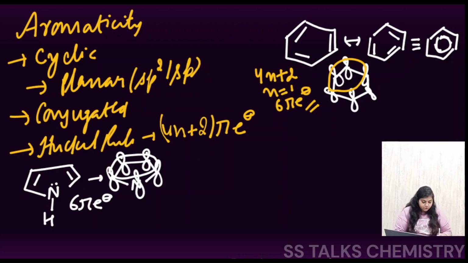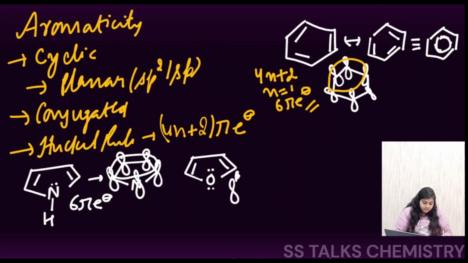Now next is furan, if you see. Here you have two lone pairs present on the oxygen atom. Like this, the double bonds are present. These double bonds are formed by the overlap of the p orbitals. I hope this is clear to you. So oxygen has lone pairs of electrons, and those are going to be present in different p orbitals, because p orbitals are perpendicular to one another.